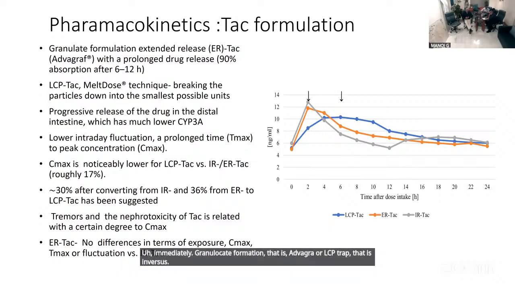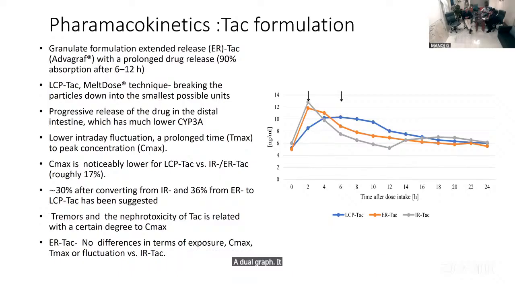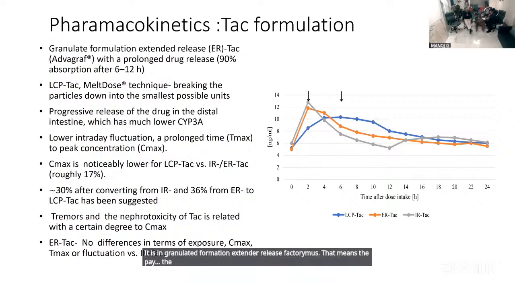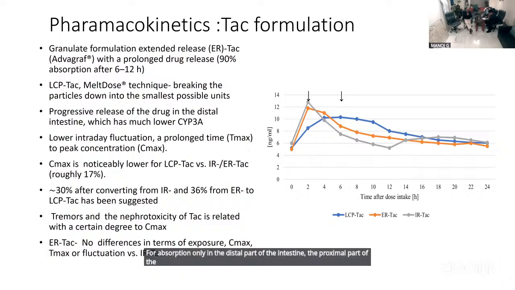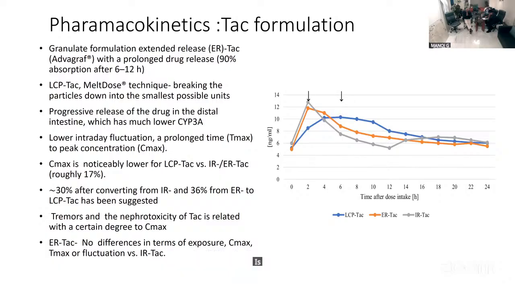Advagraf is a granulate formulation of extended release tacrolimus. That means the drug is available for absorption only in the distal part of the intestine. The proximal part of the intestine, where the major CYP3A is available, is not able to metabolize this tacrolimus.